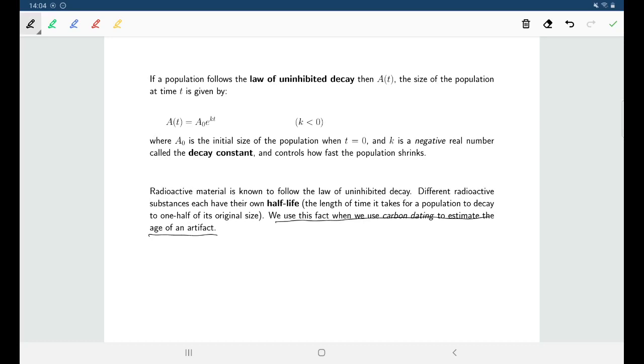And if we know the decay constant for radioactive carbon, we can use that to estimate how old this bone is, how old this decaying tree is, how old this artifact is that we're looking at. But we'll talk a little bit about that when we get to an example with carbon dating.